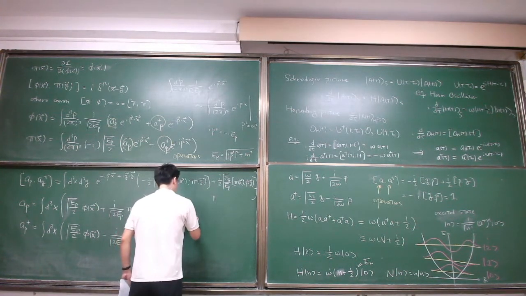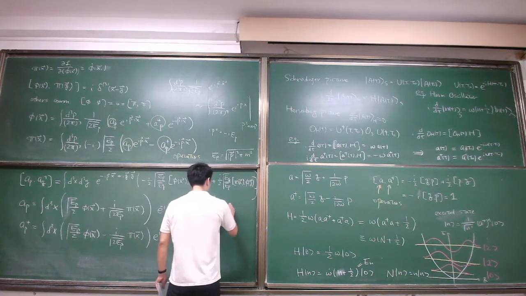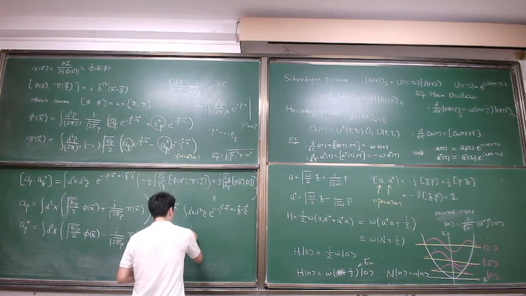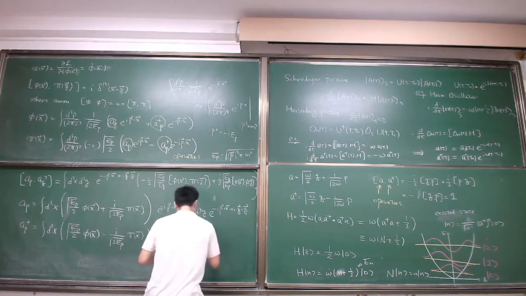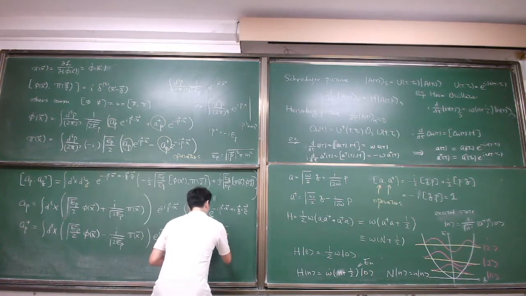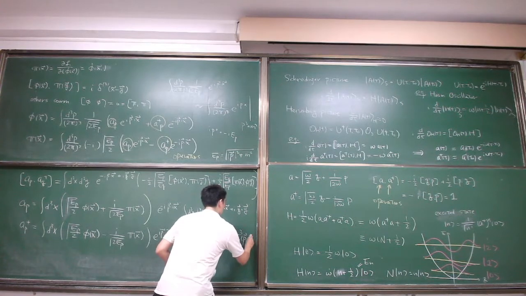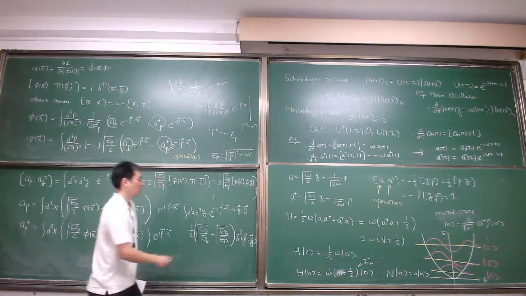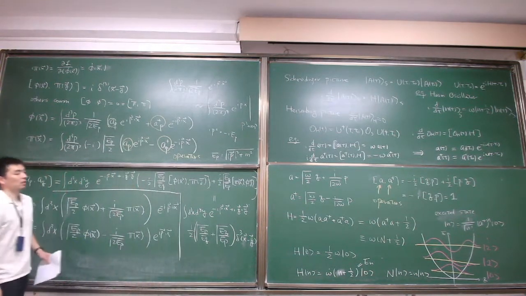What we have is one half, square root of E_p E_q plus square root of E_q E_p, and the delta function of x minus y.